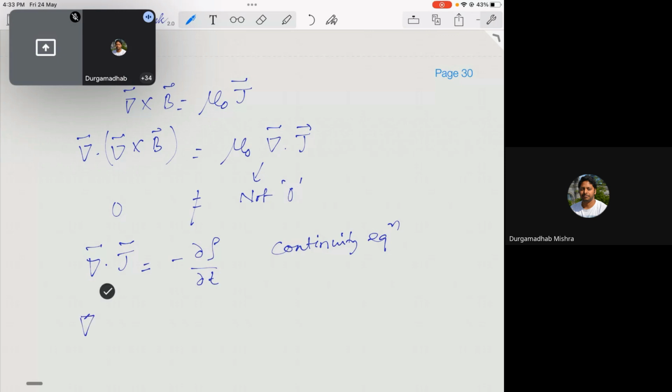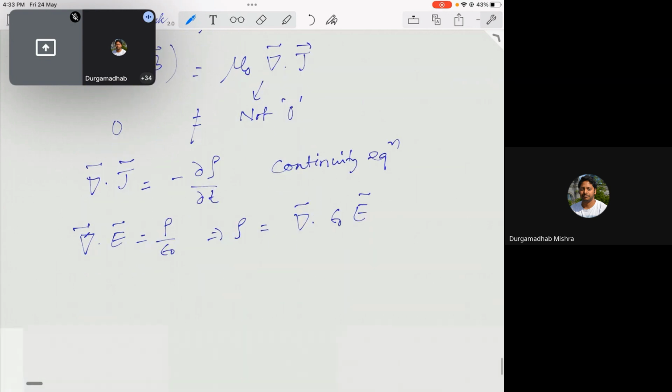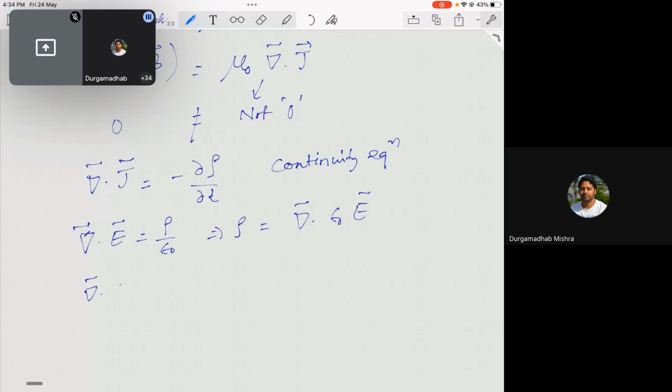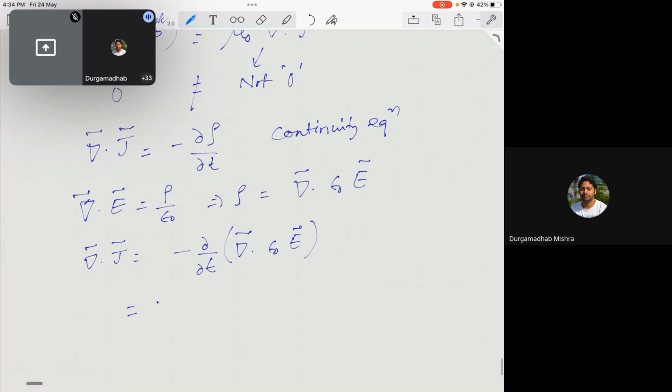We know del dot E is equal to rho by epsilon naught, which implies rho is equal to del dot epsilon naught E. So my del dot J, which is minus del by del T of rho, I can write as minus del by del T of del dot epsilon naught E. And I can again exchange these partial derivatives.